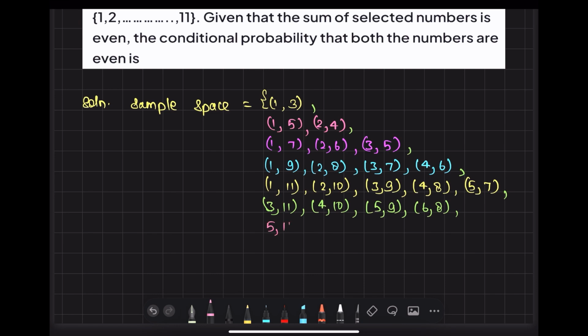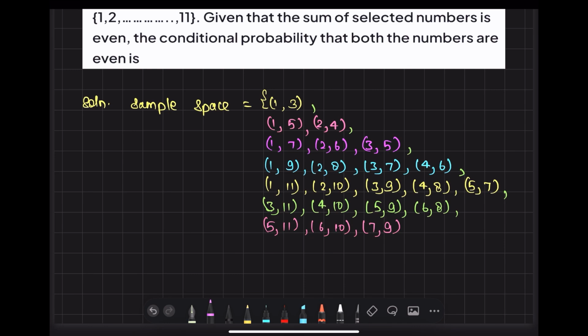So 5 and 11 is 16. Then 6 and 10, then 7 and 9, and then 8 and 8, which is not in the game. So 16 is done.